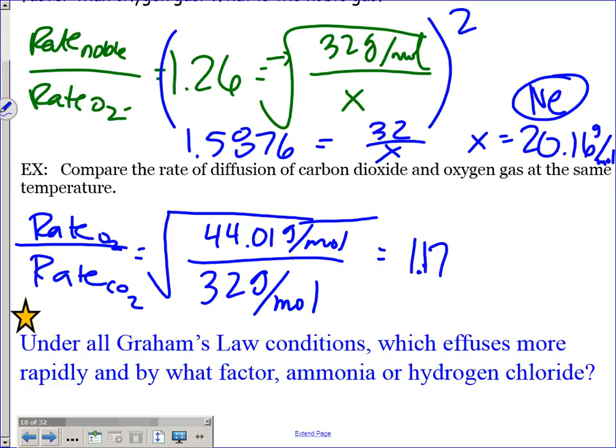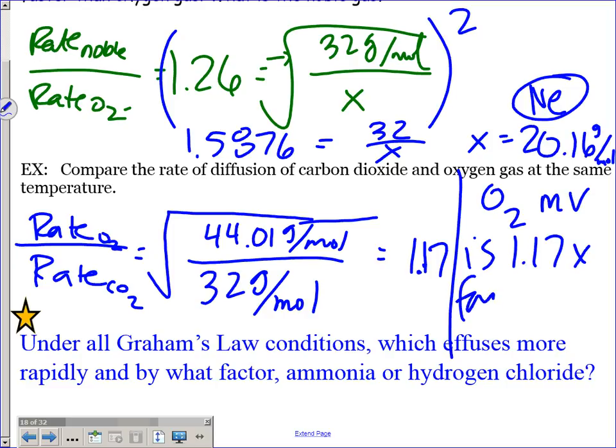All right, can you put that in a sentence to describe what this question is pulling together with this answer? So oxygen's molecular velocity is 1.17 times faster than CO2. Cool, yeah.